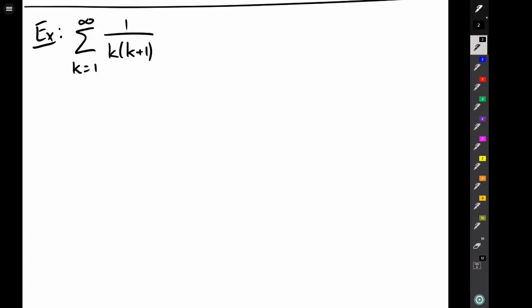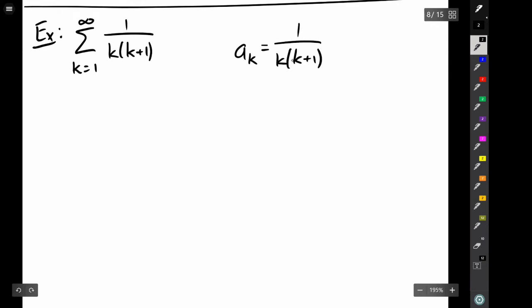Here, a_k, the general term of the series, is 1 over k times k plus 1. This is the sequence that we're adding up for the infinite series. So S1 is simply going to be A1. We just plug 1 into this formula: 1 over 1 times 1 plus 1. So that's 1/2.